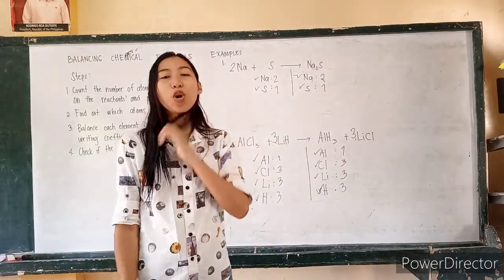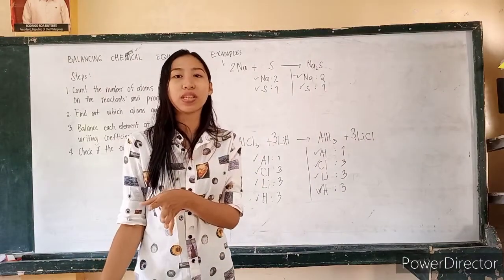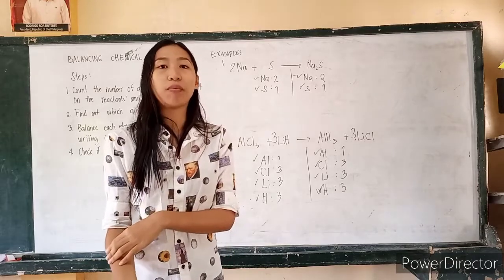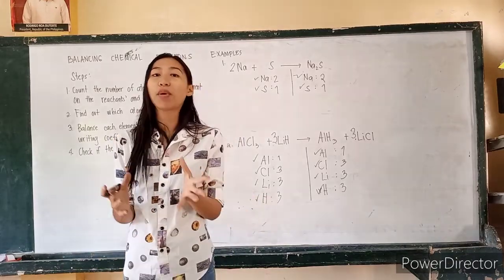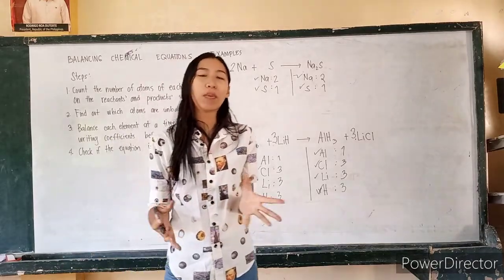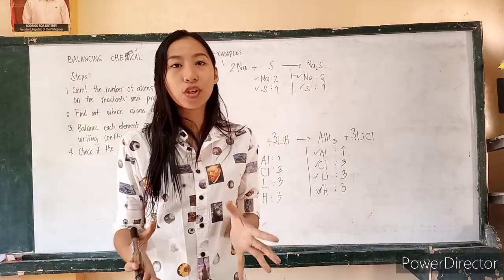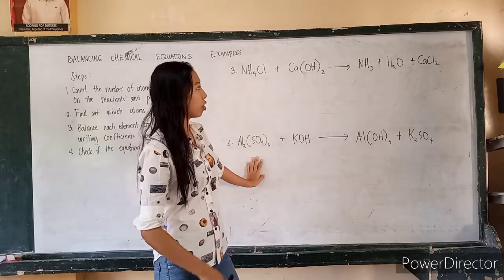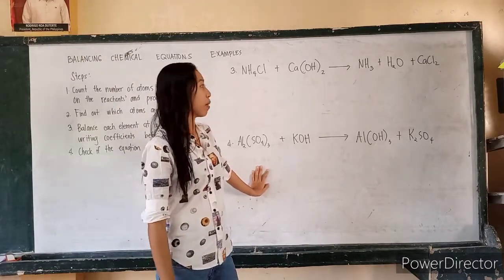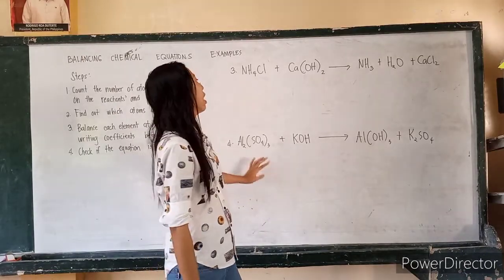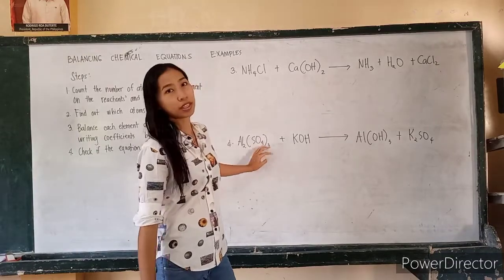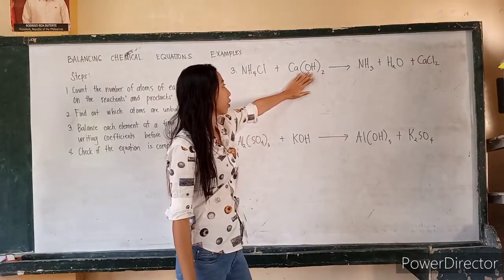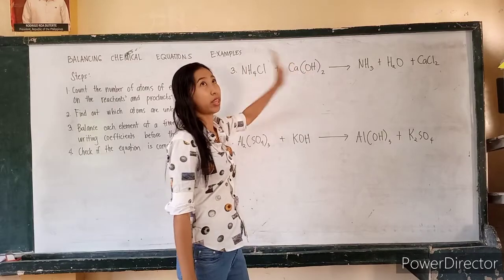Okay? Now, I'm going to proceed to the next 2 examples, and those 2 examples get quite complicated because you have parentheses. So, unsaon ba pag-distribute sa imong coefficients if you have parentheses? So, inyong makita, medyo taas ang equation, medyo complicated, and most especially naay mga molecules nga naay parentheses, no?